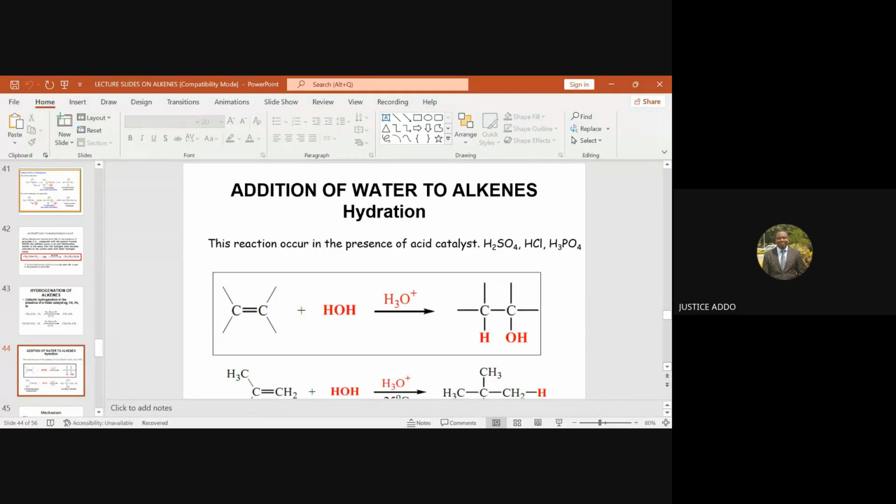Whether it is dehydration, removal of water to form an alkene, or hydration, addition of water to form an alcohol, we needed an acid catalyst that helps to speed up the reaction. So as you can see on the screen, there is this alkene, and then you add water and the acid, and then you form your alcohol.